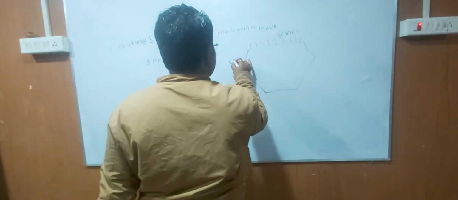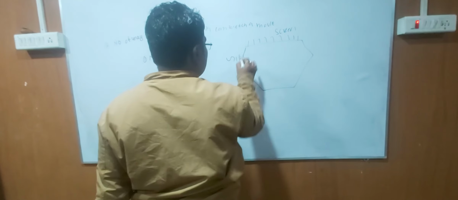This is the screen. Entry gate 1, exit gate 1, entry gate 2, exit gate 2, entry gate 3, exit gate 3, entry gate 4, exit gate 4, entry gate 5, exit gate 5.